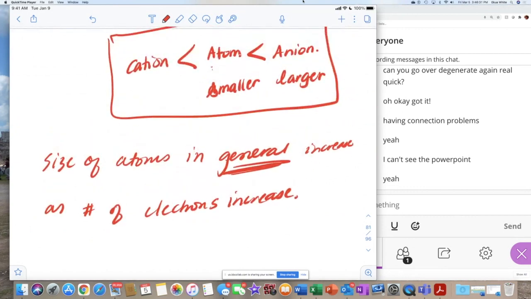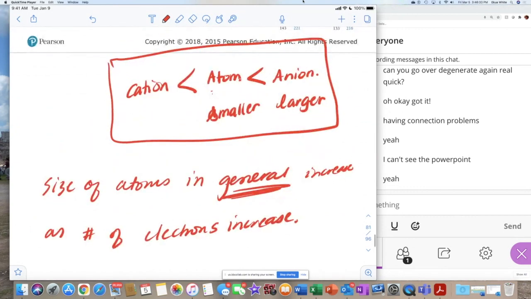Okay, so which one has extra electrons? Anions have extra electrons. So guess what? They will be larger. The atom will actually be intermediate because it doesn't have any extra. It hasn't lost anything. Then the one that relatively has less electrons, the cation, will be smaller because it has lost electrons, right?